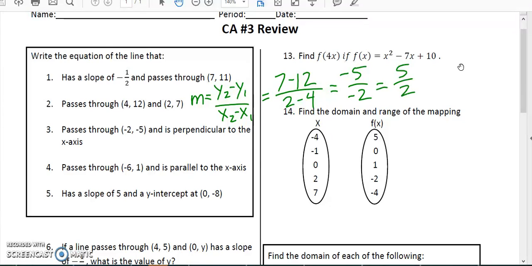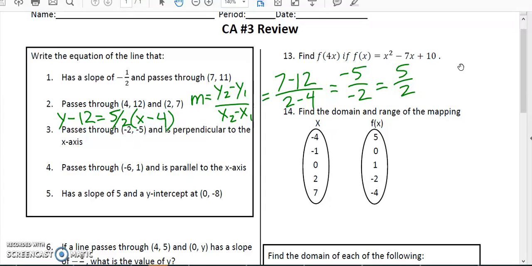And then, of course, you could do your point-slope equation for that. So you could do y minus y1, so you'd have y minus 12 equals 5/2 times x minus 4, or you could use the other point. That's fine.